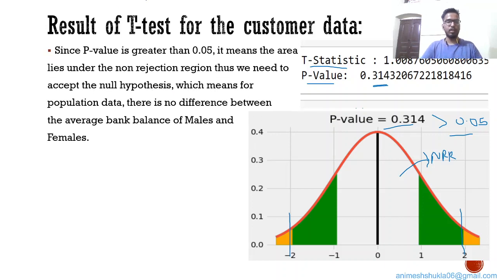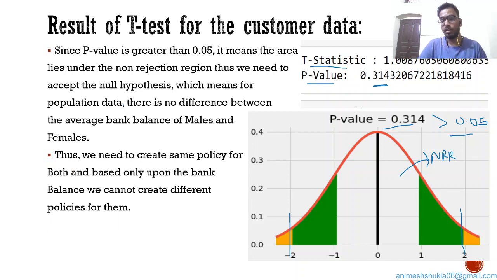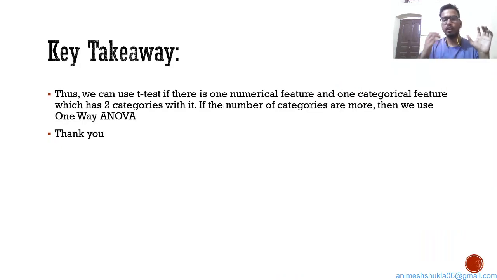So I have written the similar thing over here, and thus we can say that accepting the null basically means that the average bank balance of males and the average bank balance of females are the same, and hence this bank balance cannot be used as a metric or as a feature to distinguish between males and females. Thus we cannot create any policy based upon the bank balance. We just need to gather more data, and then we can come up with certain policies.